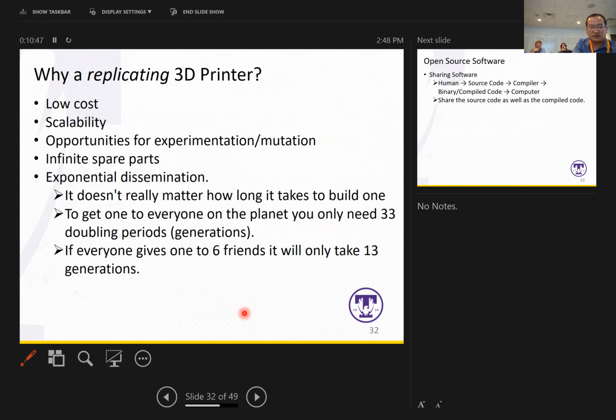Basically, you can easily scale the size of this machine, and it does not really matter how long it takes to build one, and to get one to everyone on the planet, you only have all these things. So you got it. As I mentioned, the current implementation is very, very simple, but the concept could be the future.